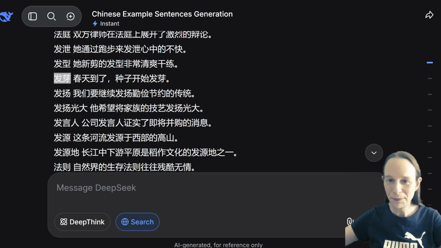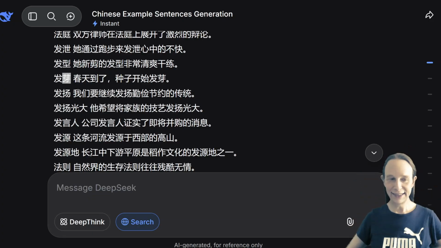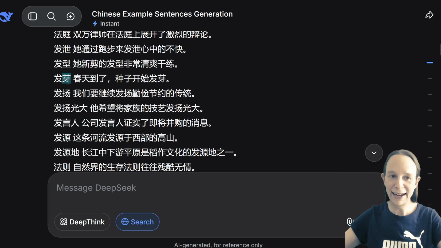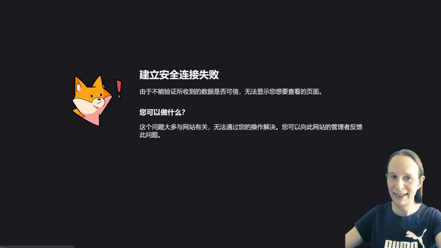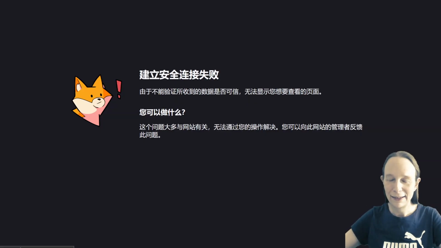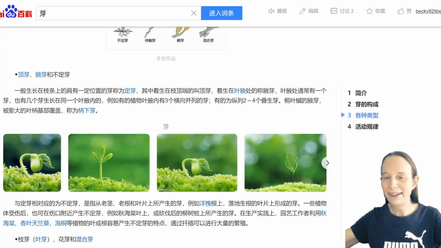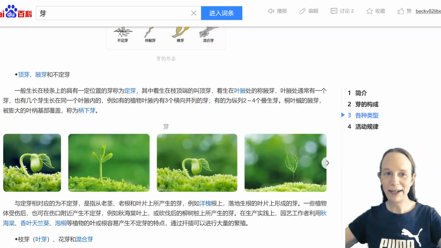Let's not. 发芽. So we saw 芽. 芽 is like sprout or something like this. So this is sprout coming out of the ground, not bud coming out of a leaf. Sorry, a stem, a twig or something. I don't know why this browser does not let me look at Google image search nowadays, but anyway.